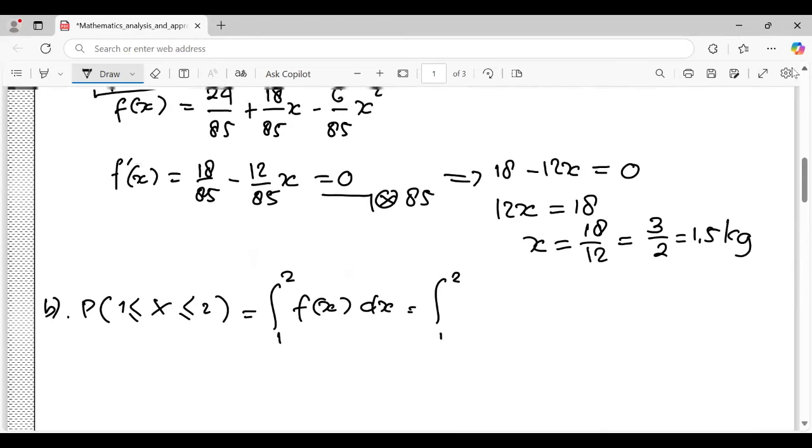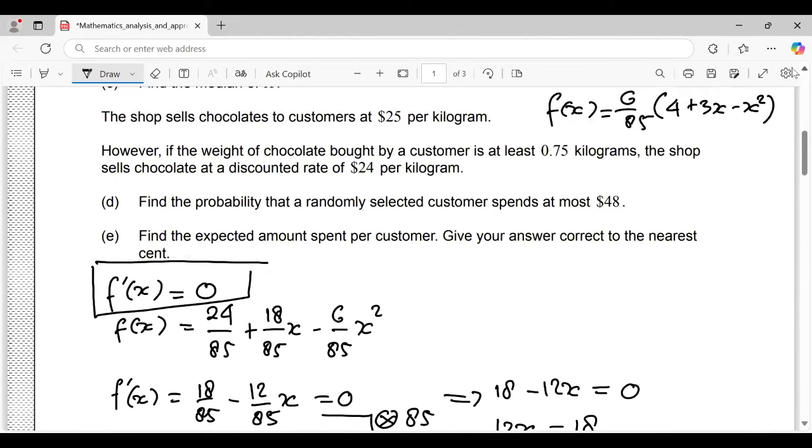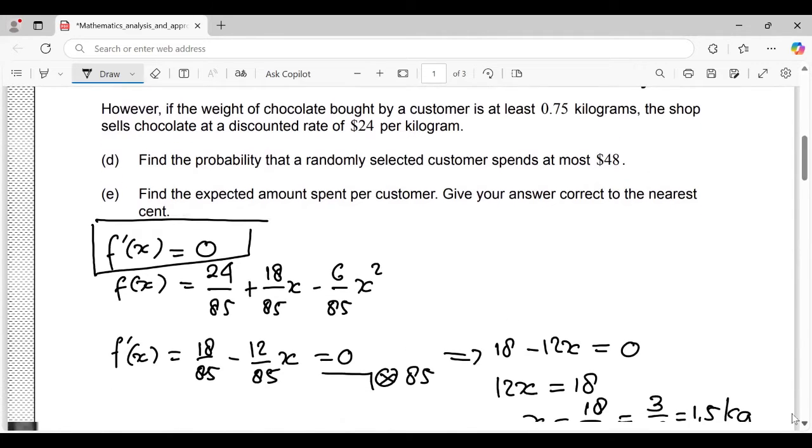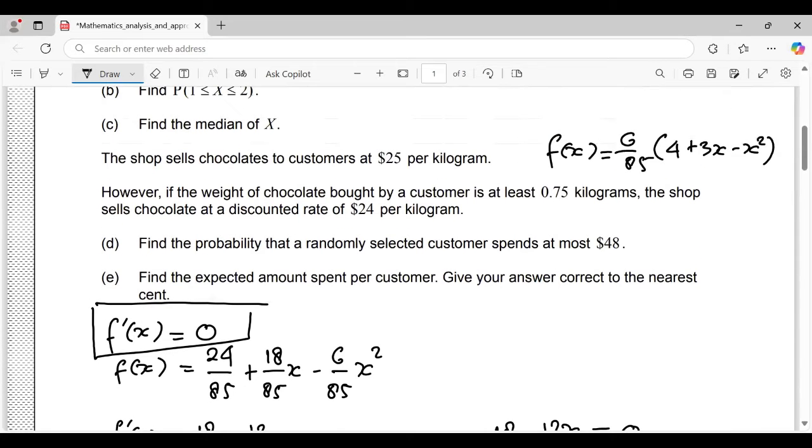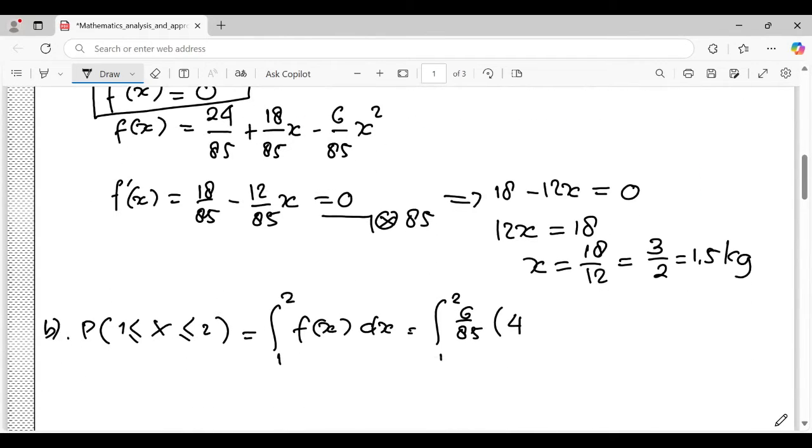It means the integral from 1 to 2 of f(x), wait, I have to check first. Okay, 6 over 85 times 4 plus 3x minus x squared, like that, from 1 to 2.